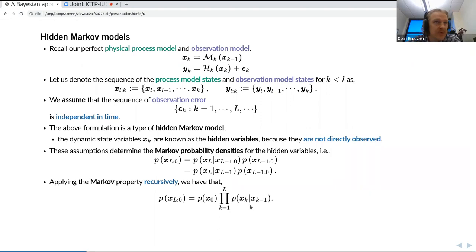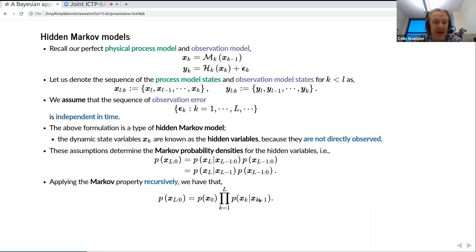We just do this recursively, follow this argument several times over, and then voila, the joint density for the whole time series can be written directly in terms of a prior density, representing our uncertain initial data for the initial value problem, basically the probabilistic representation of our uncertainty in the initialization of the physical model, times this chain of what we call the Markov transition probabilities.